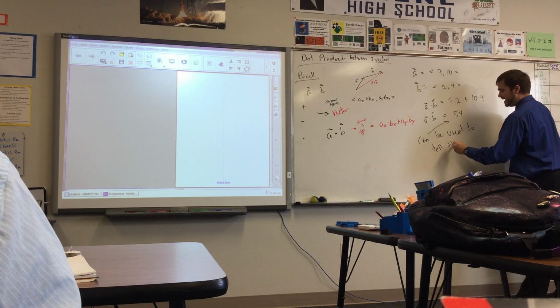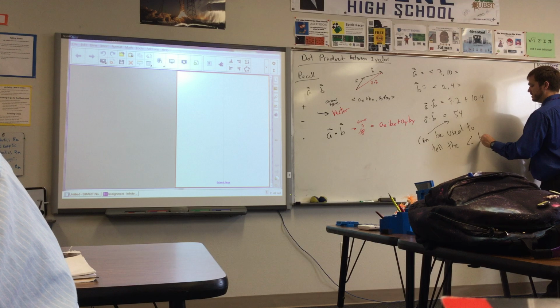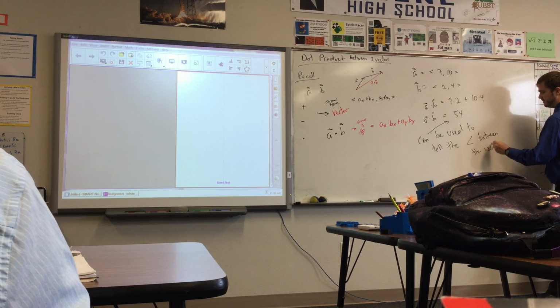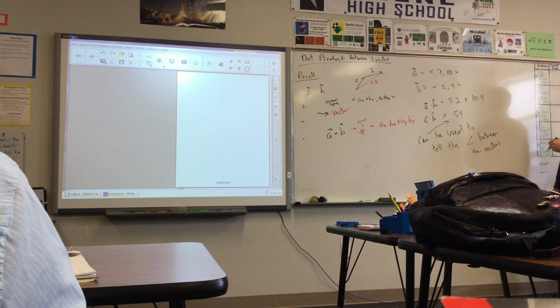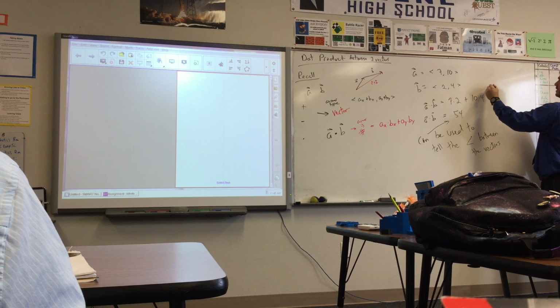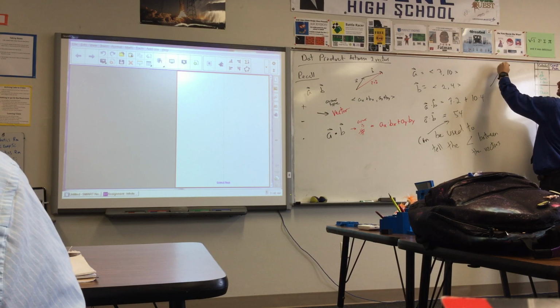to tell the angle between the vectors. So a 7, 10 vector would look like over 7, up 10, so that would be something like this.